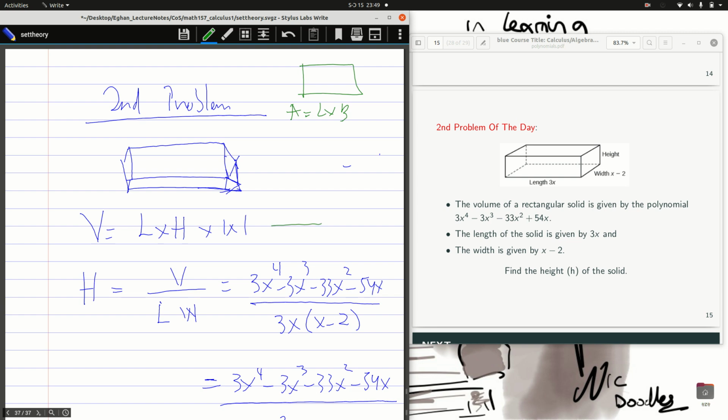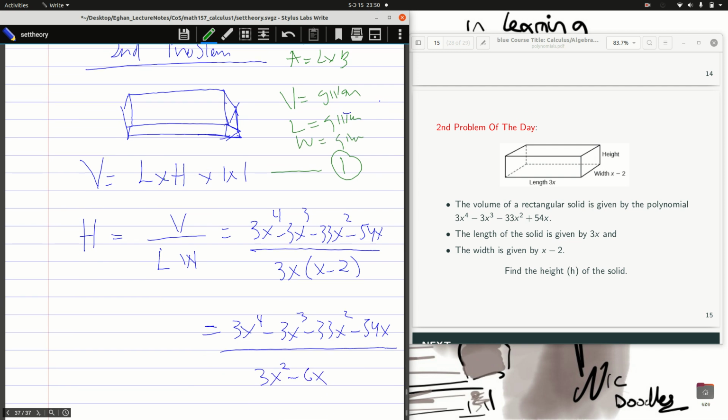The volume is given by equation 1: the length times breadth times the height. Now some terms are given. V is given, that is the volume. My length is given. My width is also given. And so by simple change of subject, I have the height as this.